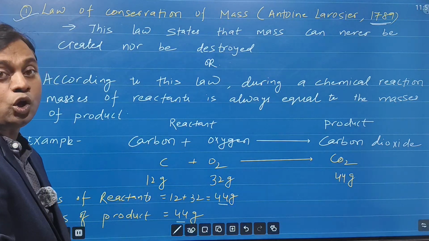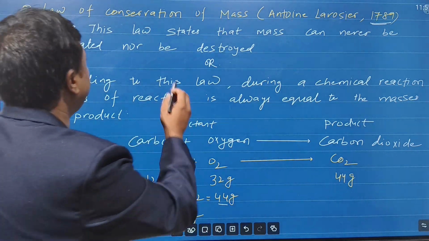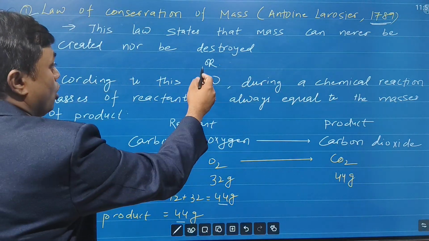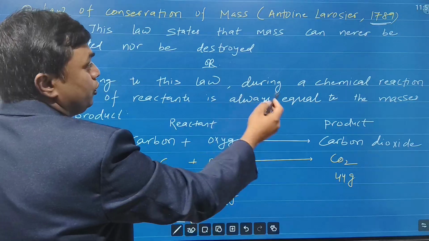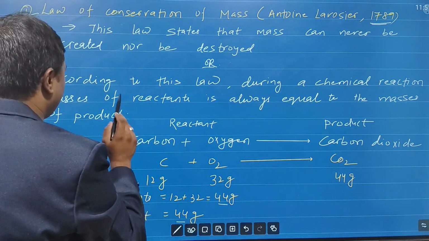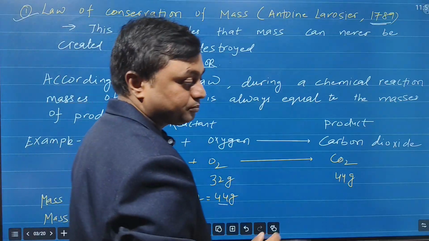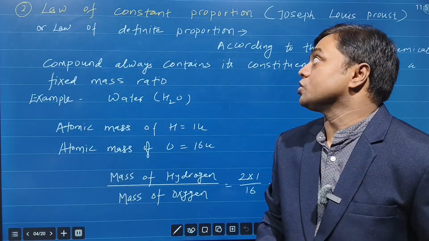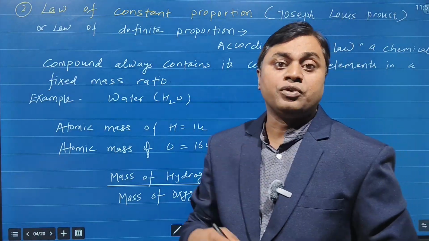This is called the law of conservation of mass. We can see the statement. This law states that mass can neither be created nor be destroyed. Or, according to this law, during a chemical reaction, masses of a reactant is always equal to the masses of product. Am I clear?